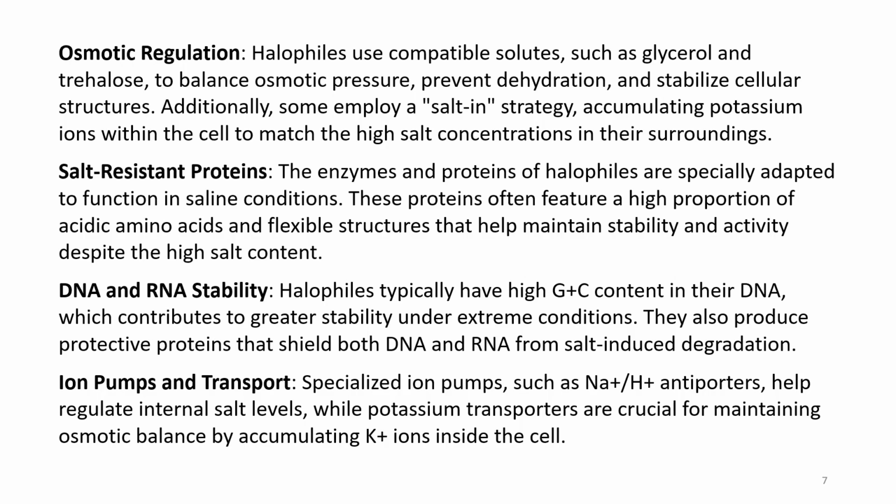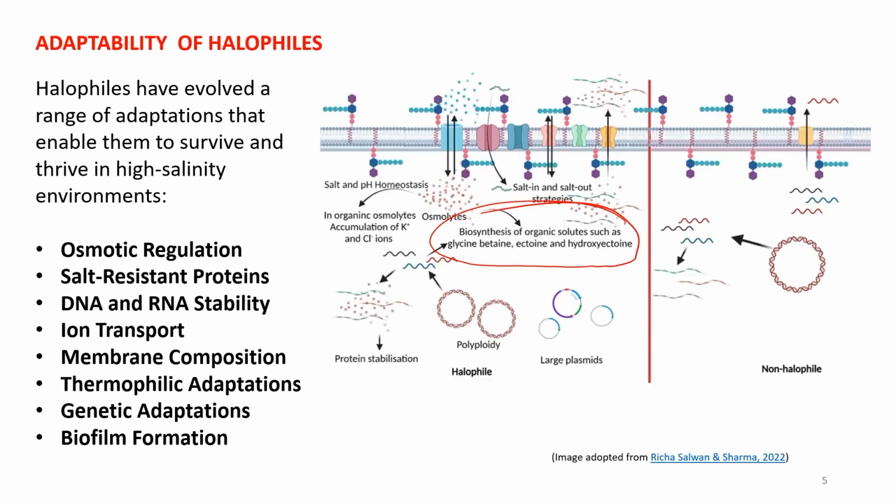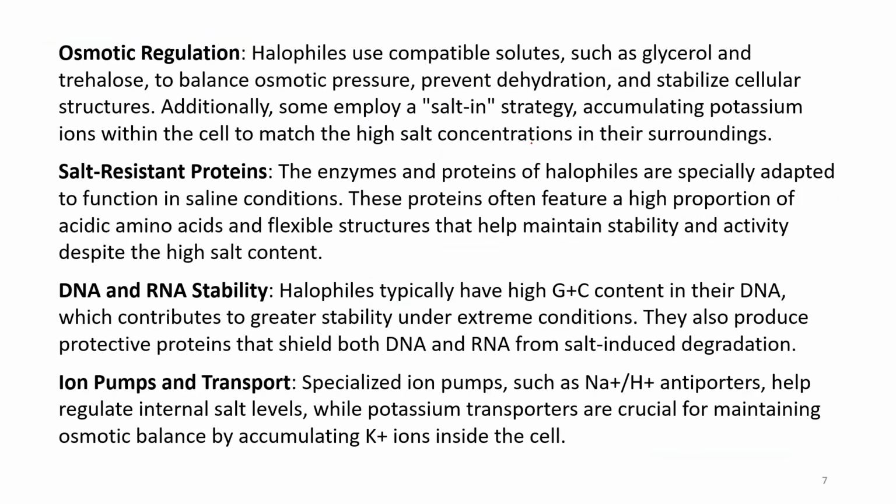In osmotic regulation, halophiles use compatible solutes such as glycerol and trehalose to balance osmotic pressure, prevent dehydration and stabilize cellular structures. Additionally, some employ a salt-in strategy, accumulating potassium ions within the cell to match the high salt concentration in their surroundings.